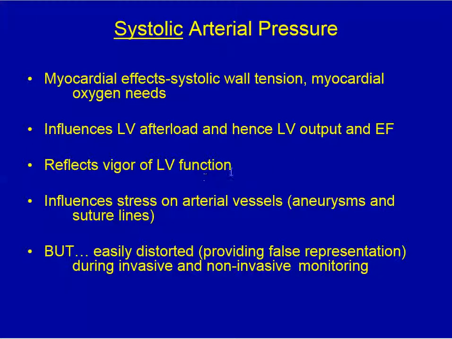It reflects the vigor of LV function and influences the stress on arterial blood vessels, which is particularly important in patients who have aneurysms and who have new arterial suture lines. The disadvantage of systolic pressure is that it can be easily distorted, giving false representations, especially during invasive monitoring and to a lesser degree during non-invasive monitoring. I mentioned earlier that the systolic pressure is not as accurate from the oscillometer as is the mean pressure.